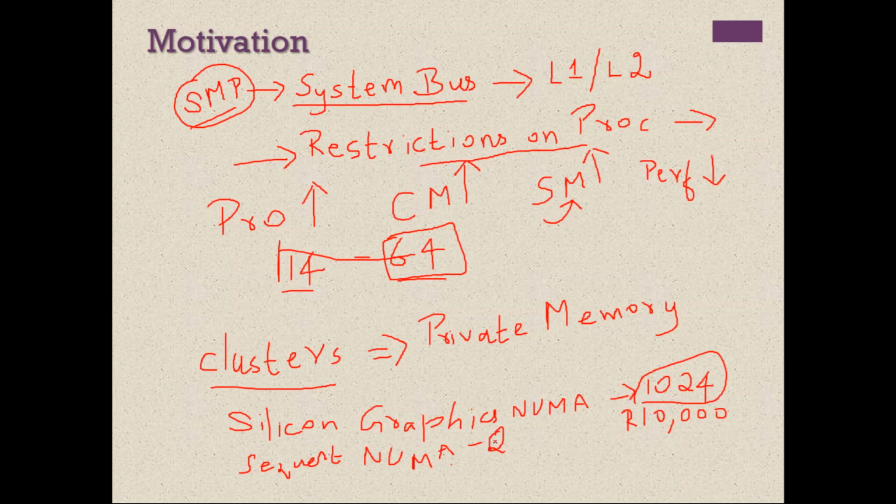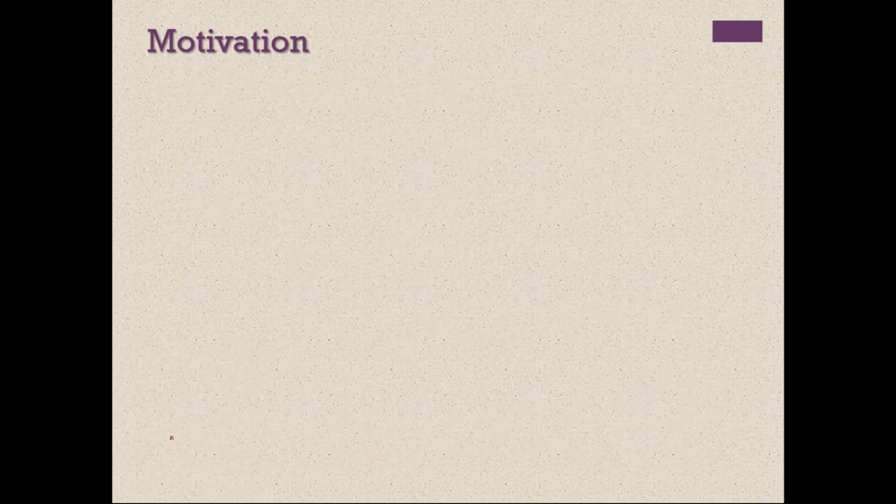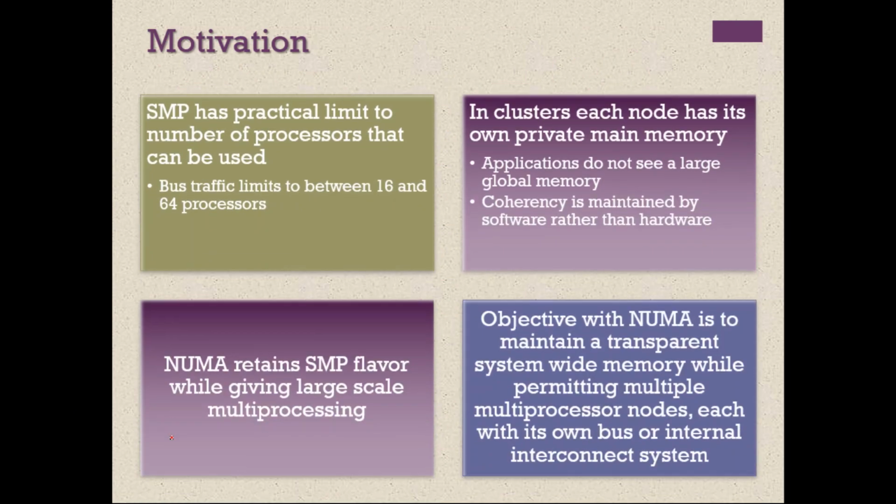I will write it as P2. So this system can hold 252 Pentium 2 processors, whereas the first one can hold 1024 processors. So this is the advantage that we get with NUMA. You can have more processors than what SMP can provide, right? So this is the motivation behind NUMA.